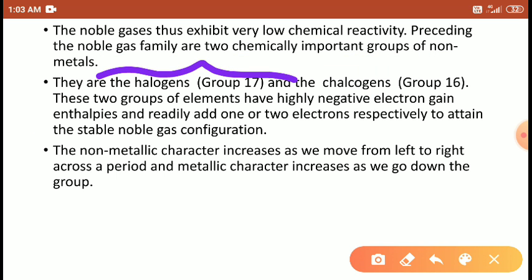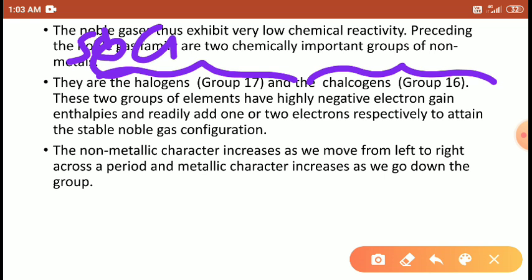Halogen means salt-forming, found in seawater. Chalcogen means the elements that are found in minerals.